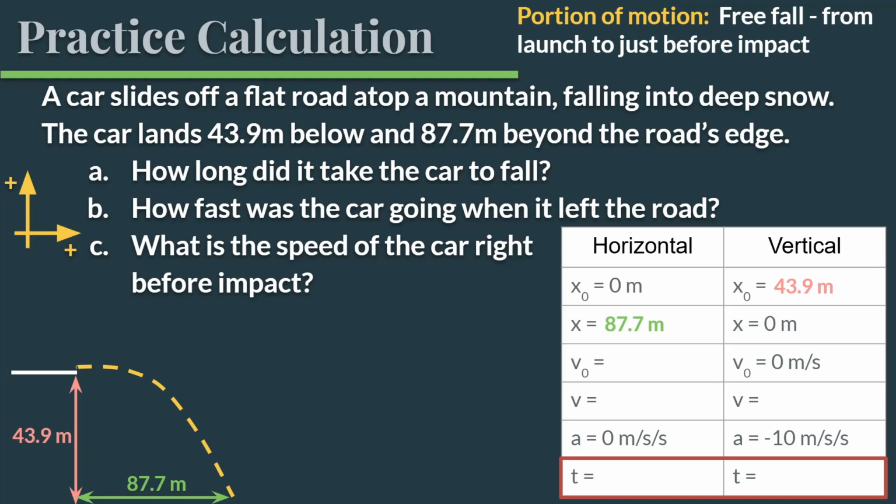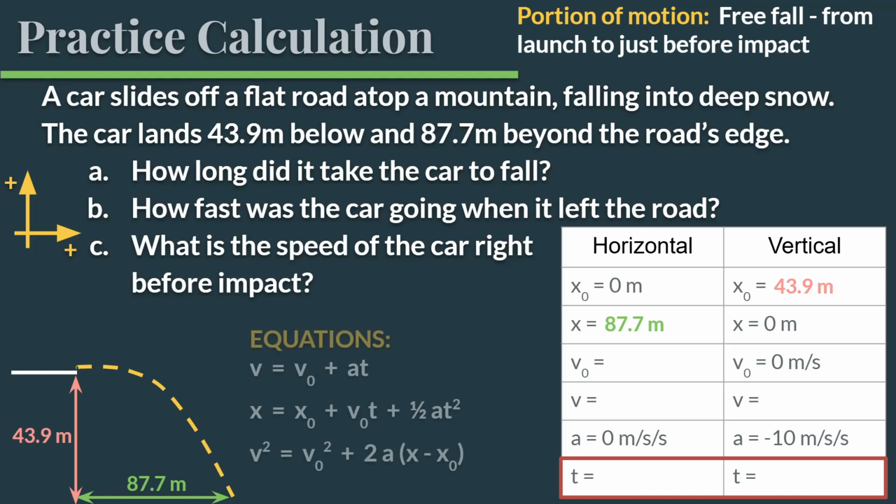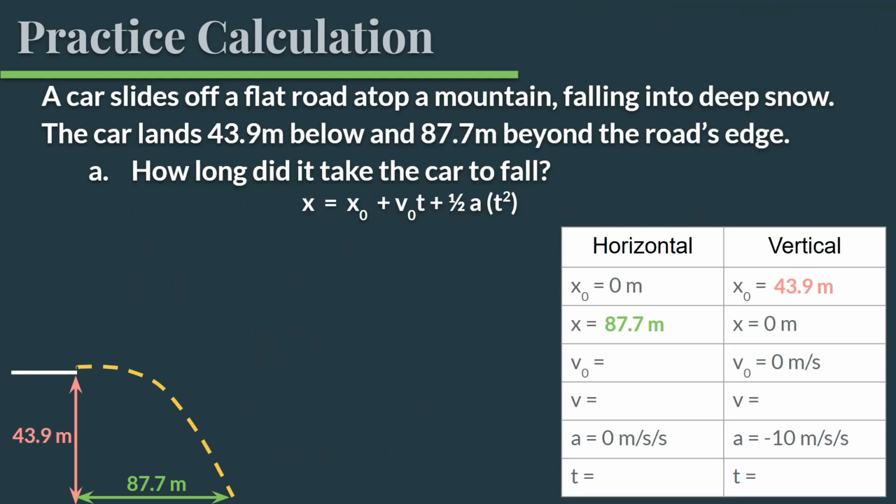Because on the vertical side, I know initial position, final position, initial velocity, and acceleration. And if I look at my kinematic equations, I can actually solve for time using that second one, because it has the variables that I know. So we're going to use that: x equals x naught plus v naught t plus 1/2 at squared. I went ahead and put it up here at the top.